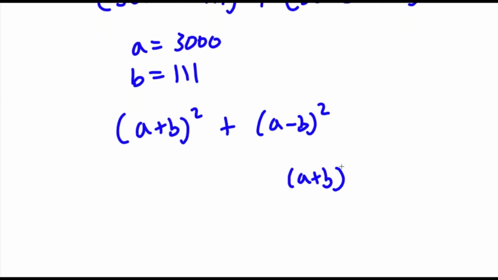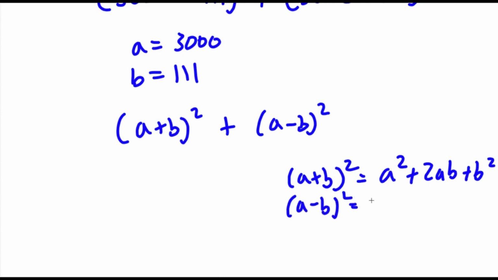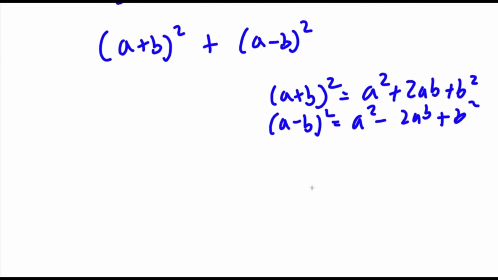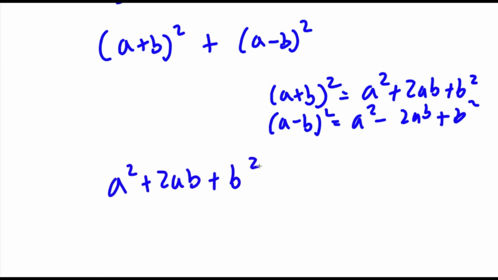Now A plus B squared is equal to A squared plus 2AB plus B squared. And A minus B squared is equal to A squared minus 2AB plus B squared. So now, if I add these two together, I get A squared plus 2AB plus B squared plus A squared minus 2AB plus B squared.